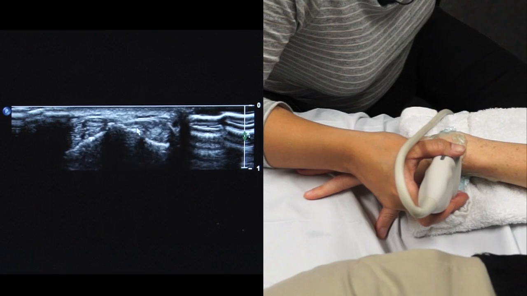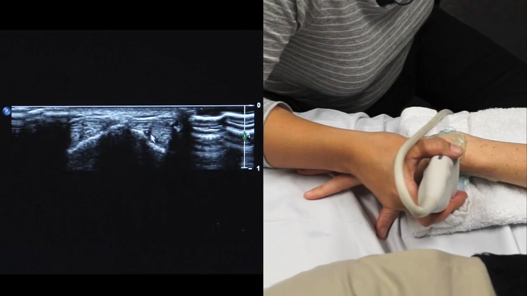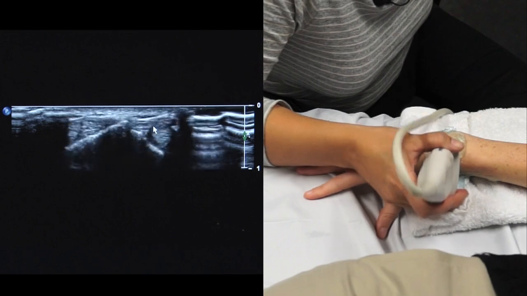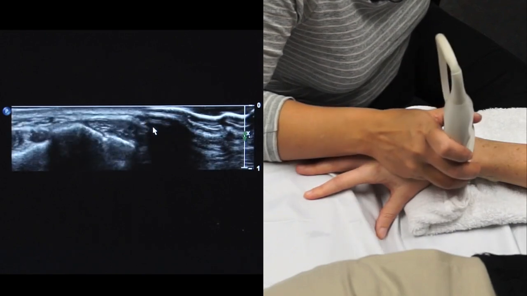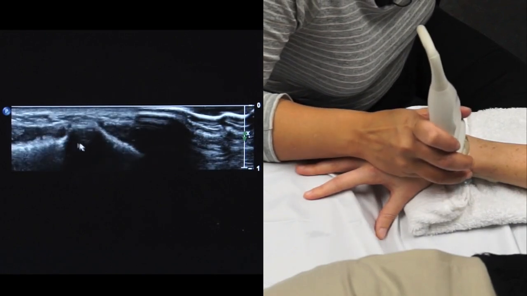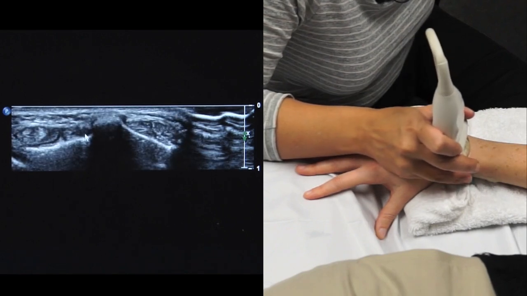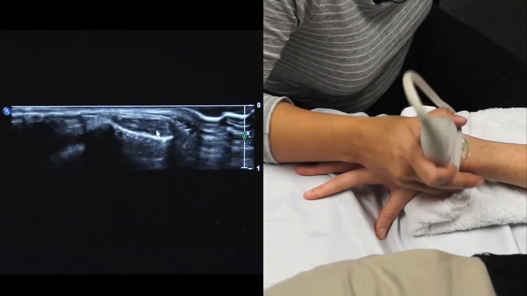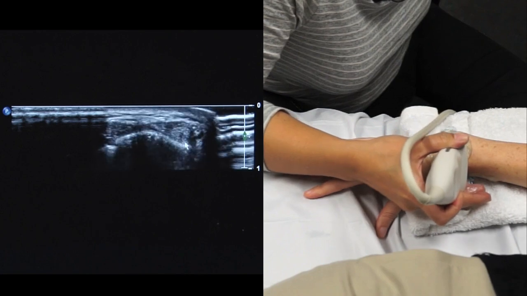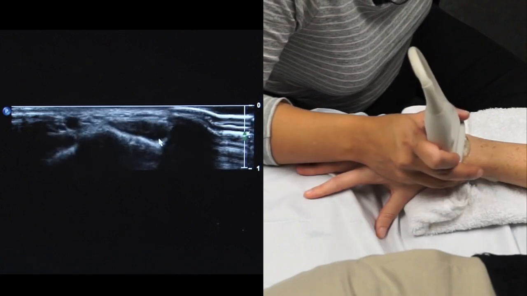And this is the extensor pollicis brevis and the abductor pollicis longus tendons. Okay, and a good way to remember that, aside from just looking at the book, is if you start with extensor pollicis longus, this is going to be longus, brevis, longus, brevis, and longus, okay?